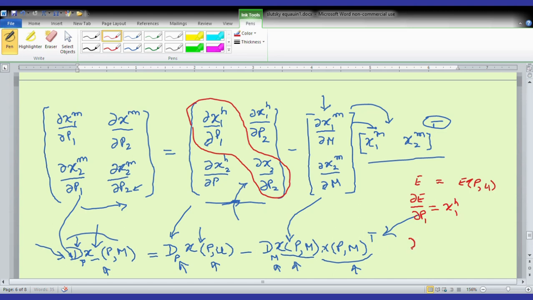And then if you take the second derivative of the expenditure function with respect to price of good 1, so this is like P1 squared, you will be getting ∂x1h divided by ∂P1, which is the slope of the Hicksian demand function.